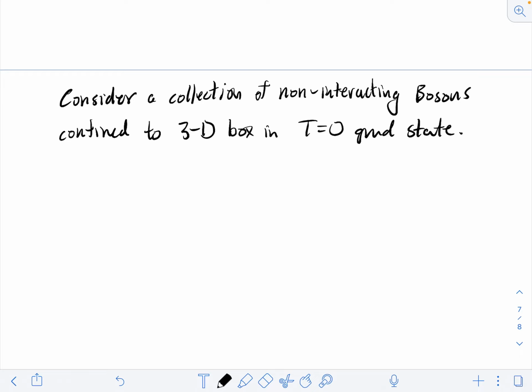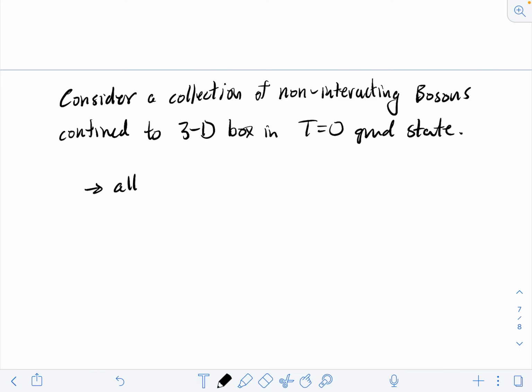Well, for bosons, if you're really at temperature equals 0 or very close to 0, then all of the particles are going to want to occupy the lowest possible state. For bosons, there's no restriction about having multiple identical particles in the same state, and so they all just go into the lowest ground state available.